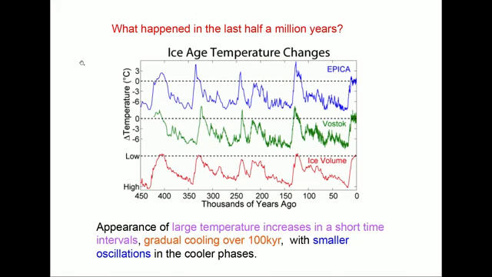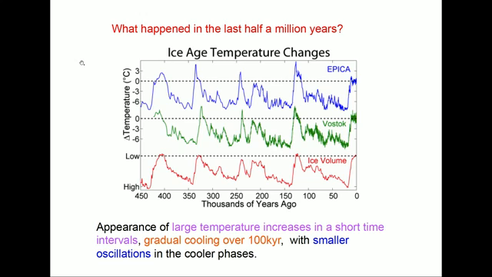So this is one of my favourite and rather famous pictures. This is showing what the climate's been doing for the last 500,000 years. So I'll just take you through this. There we have 450,000 years ago up to the current date. Here we have temperature measurements as determined by one ice core called the Epica ice core.